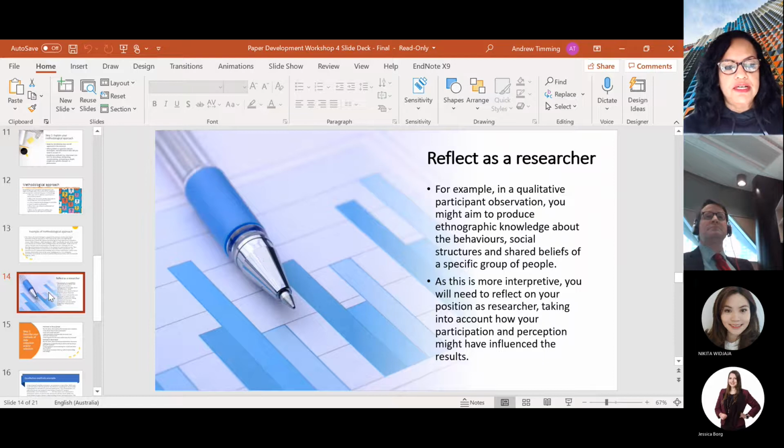Throughout the qualitative research and also in writing the methods section, it's also very important to reflect as a researcher and understanding the importance of reflexivity. So basically, reflexivity is about acknowledging your role in the research. As a qualitative researcher, you're part of the research process, and your prior experiences, assumptions, and beliefs will influence the research process.